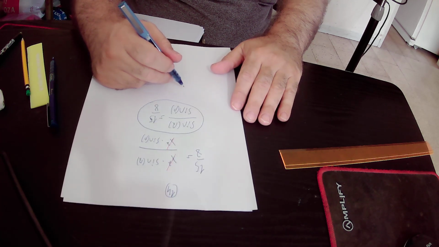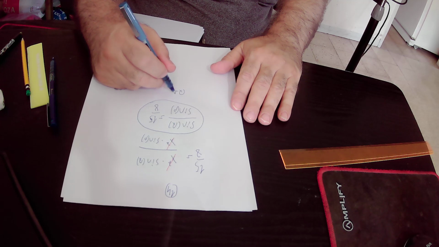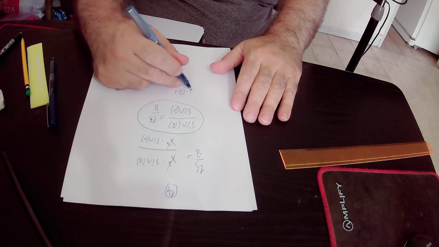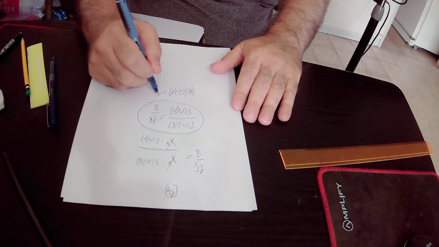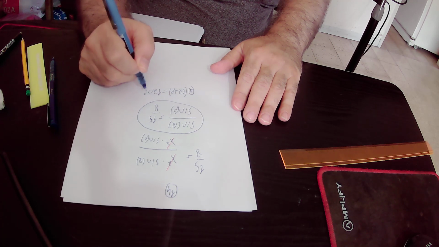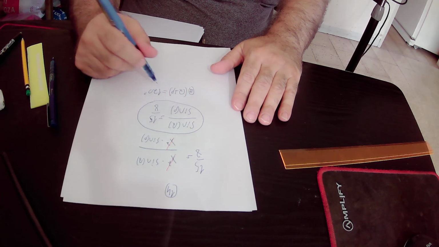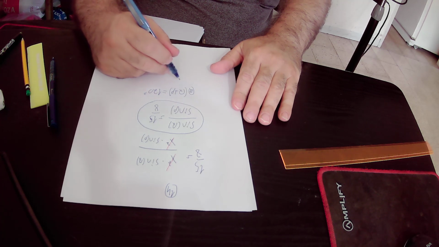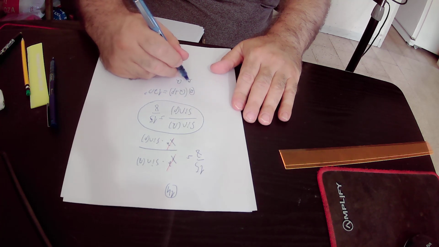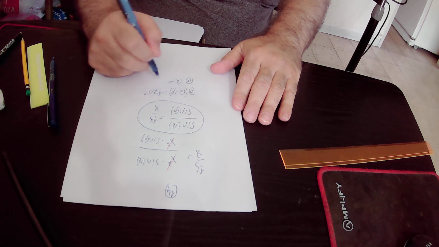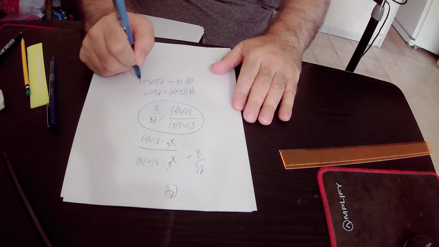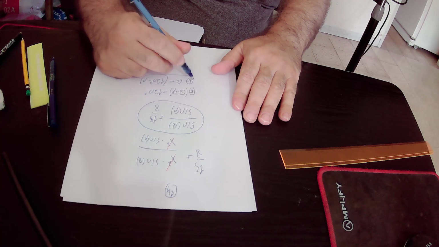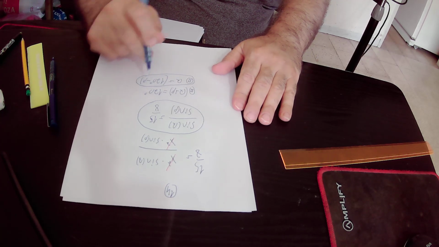But we have already found out that Q plus P, according to equation number 2, equals 120 degrees. If we subtract P from equation number 2, we will get that Q equals 120 degrees minus P. Okay, Q equals 120 degrees minus P.